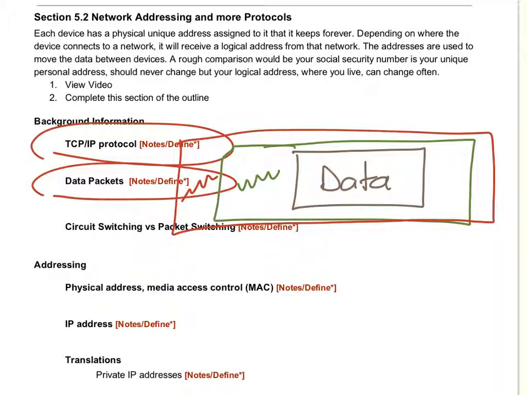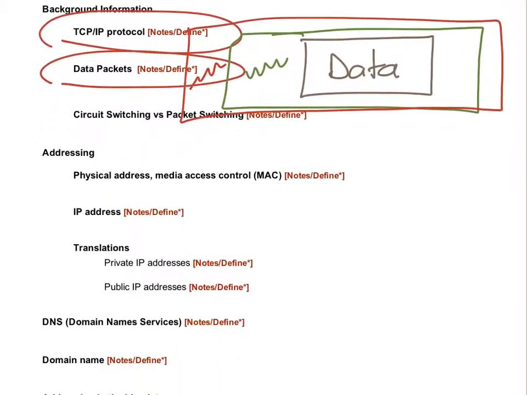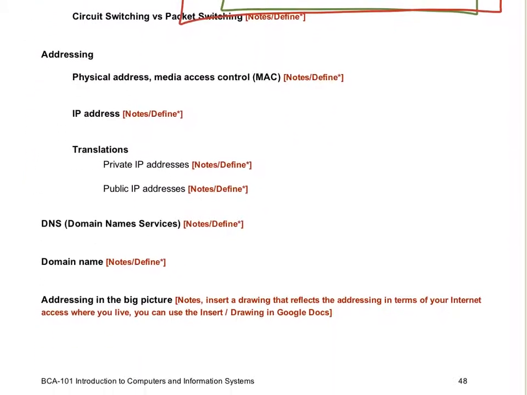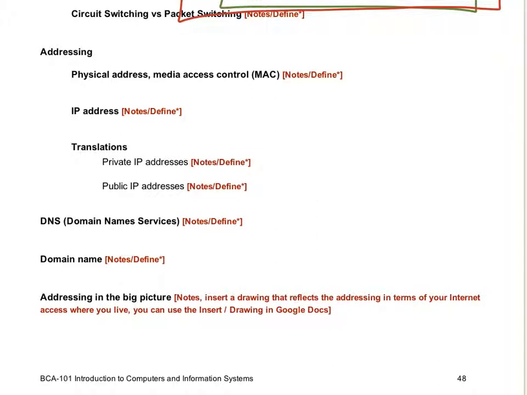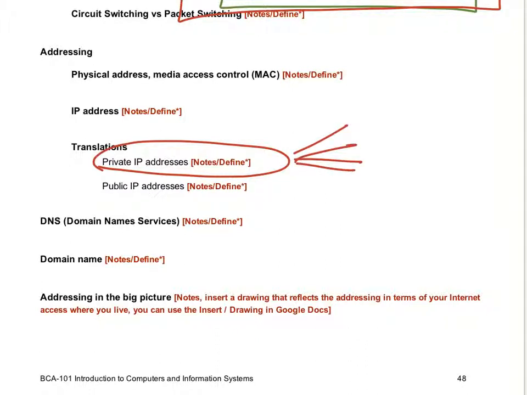Okay, we talked about addressing and how important it is to understand the difference here. You have a private address typically on your device internally. If your device needs to go out to the internet, then it gets a public address to actually go out to the internet.